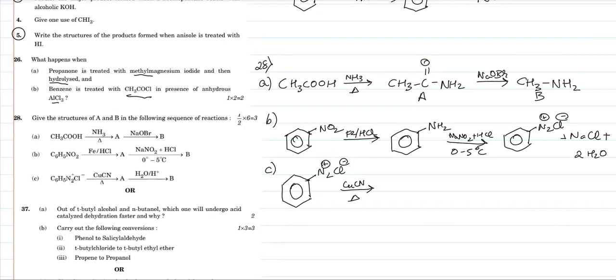So this is actually the Sandmeyer's reaction, where the CN is actually replacing the N2 and Cl. So our product is going to be a benzene ring with a CN group attached to it. And the byproduct of this reaction is nitrogen. And this is the Sandmeyer's reaction.